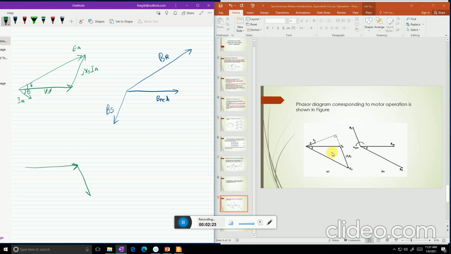So if the direction of current is reversed, the armature reaction is now given like this, and the resultant EA will be this.